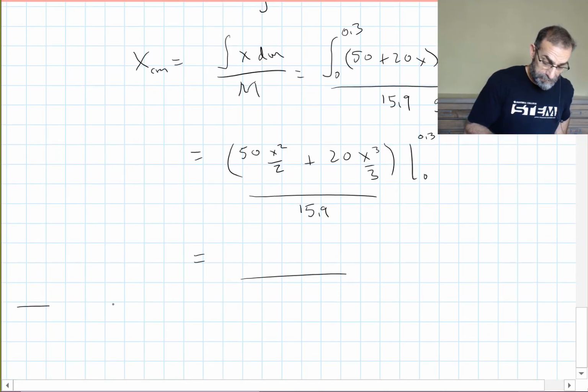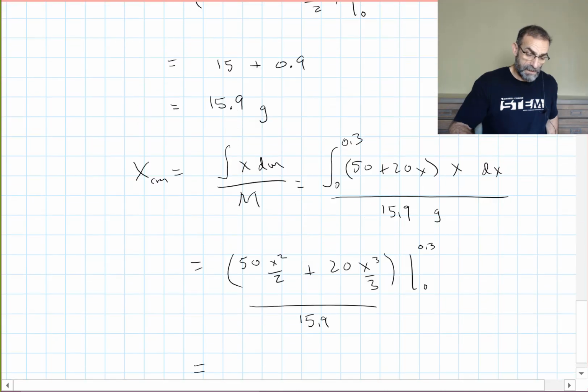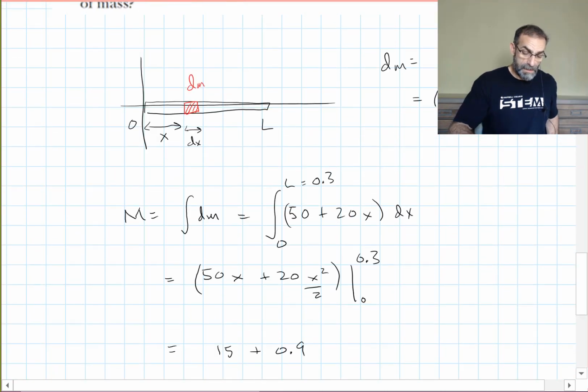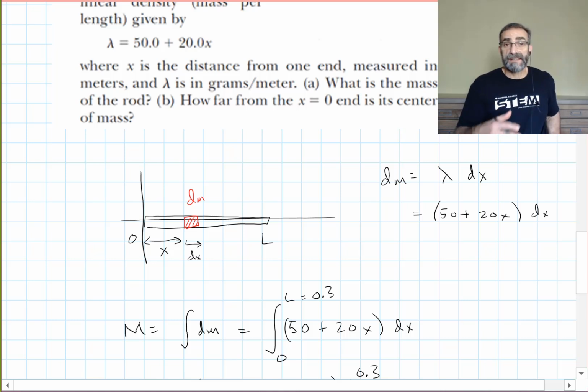Okay. We all right with this one? If lambda is constant, you just plug in total mass over total length, right? If lambda is not constant, you plug in whatever formula you're given.